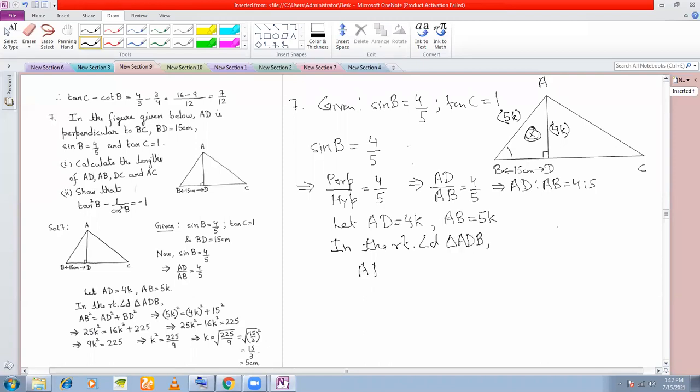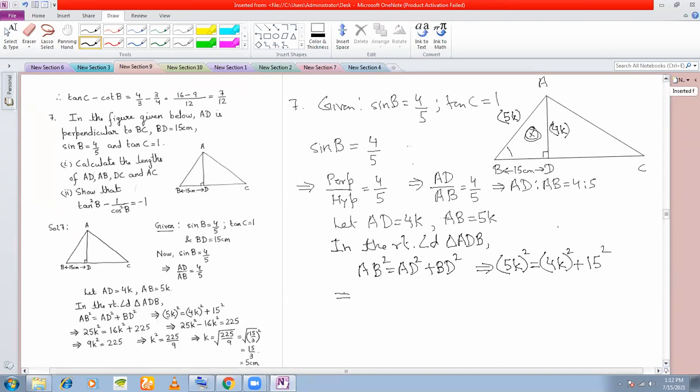AB square is equal to AD square plus BD square. That means AB square is 5K whole square is equal to AD square is 4K whole square plus BD square is 15 square, right?